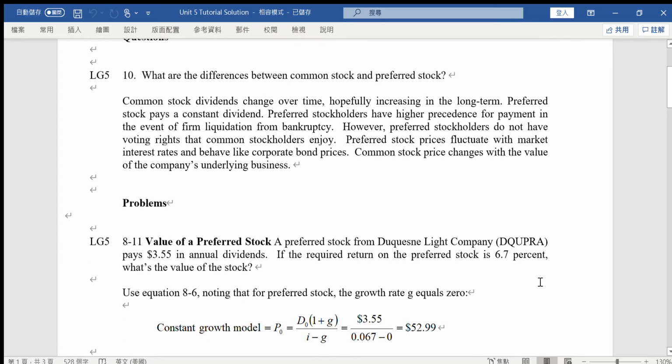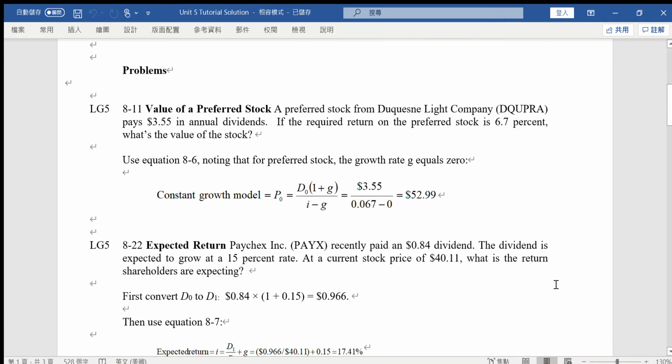Okay, then the second one is about the calculation of the preference share stock value. About a company, this Delinquent Light company pays 3.55 annual dividends.